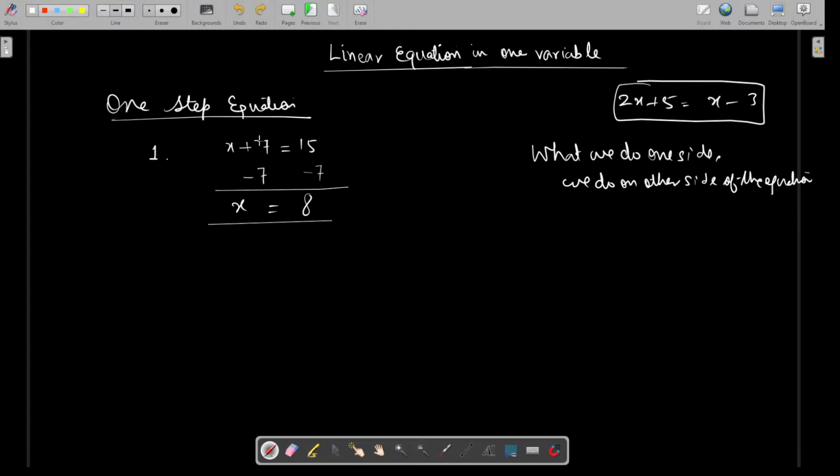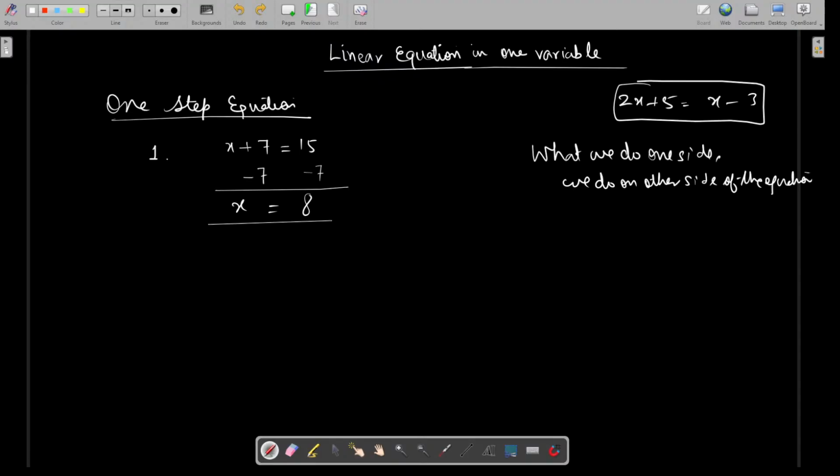Why did we subtract? Because this 7 was added to the x, so to undo it, we do minus 7, because 7 minus 7 is 0 and x plus 0 is simply x. And 15 minus 7 equals 8 on the other side. So x equals 8 is the solution.